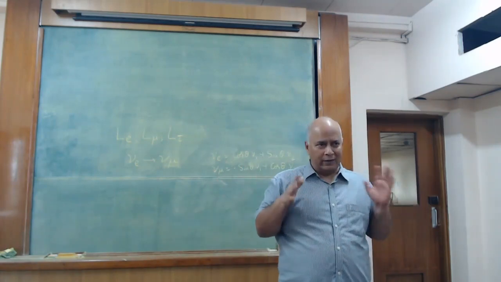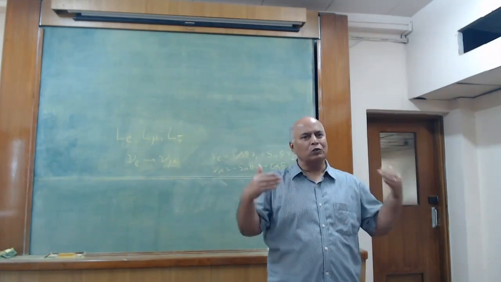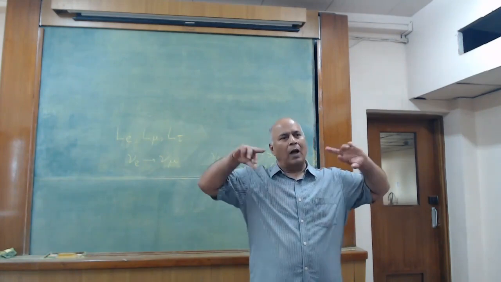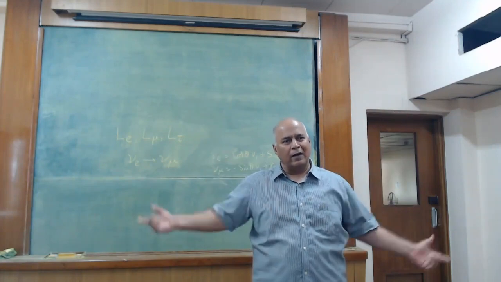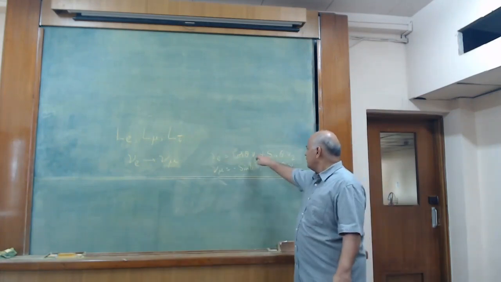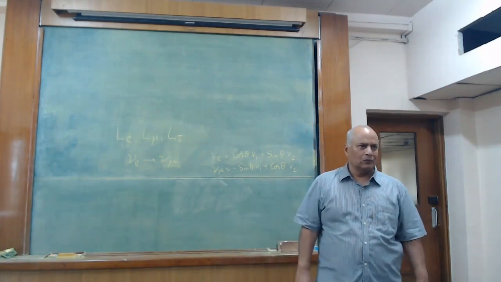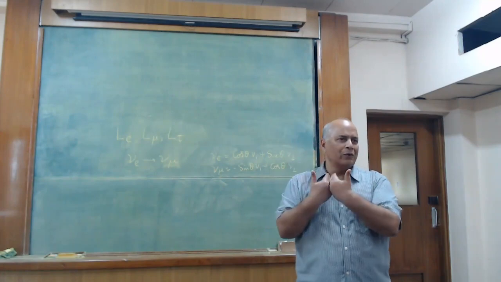I don't know what it is, but there is an interaction which is coupling nu_e to nu_mu, and because of which I have to diagonalize that interaction, and diagonalizing that interaction gives me these eigenstates nu1 and nu2. So that is the sort of background view.